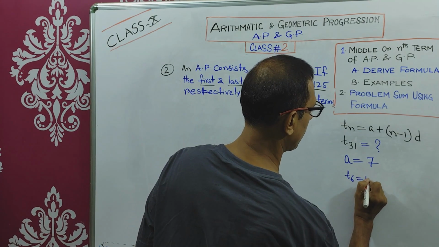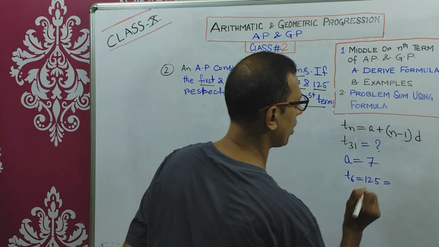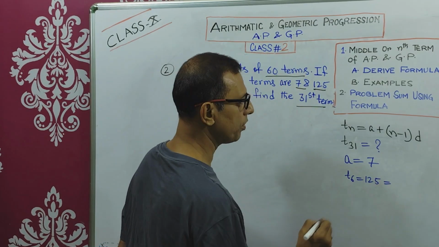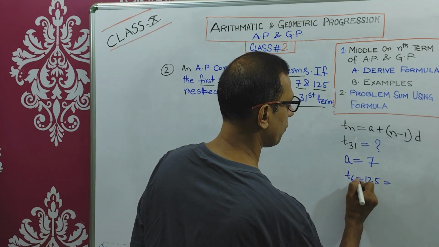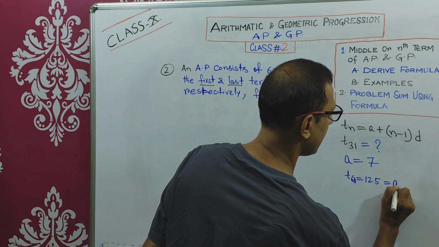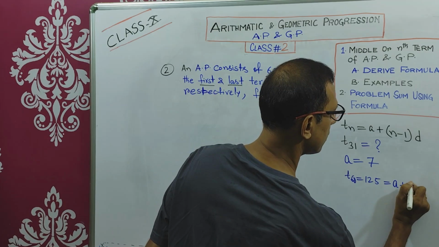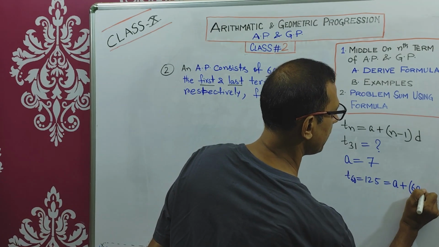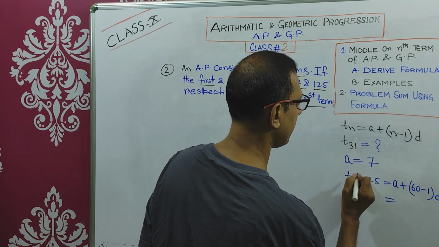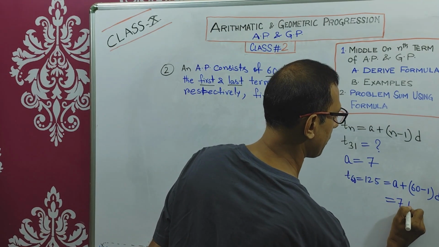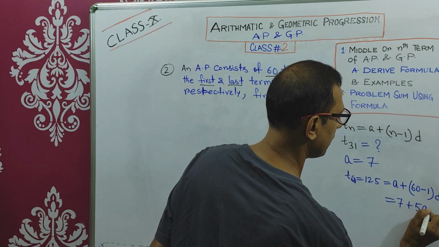T60 equals 125. That means the equation you can write down from here is T60 equals 125, and what is T60? It is A plus (60 minus 1) into D. The A value is already given, A equals 7, that means 7 plus 59D.